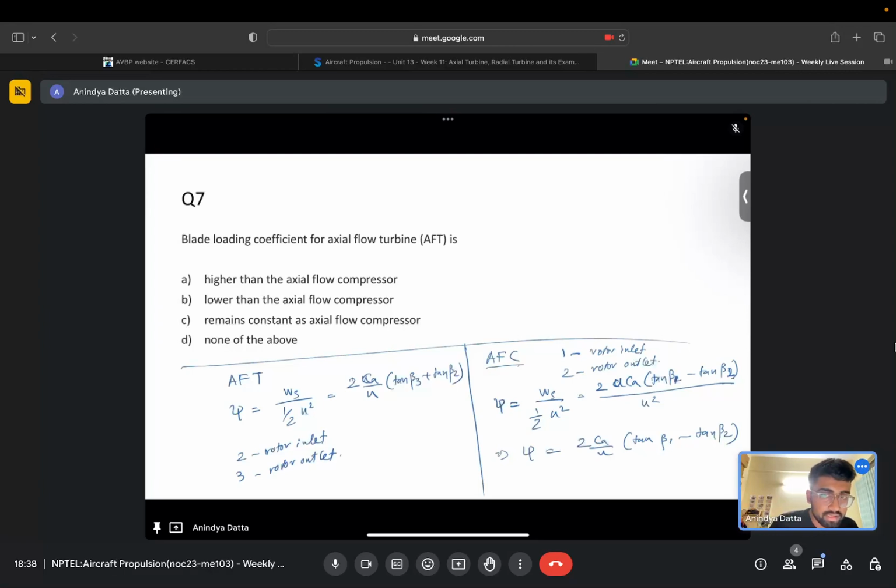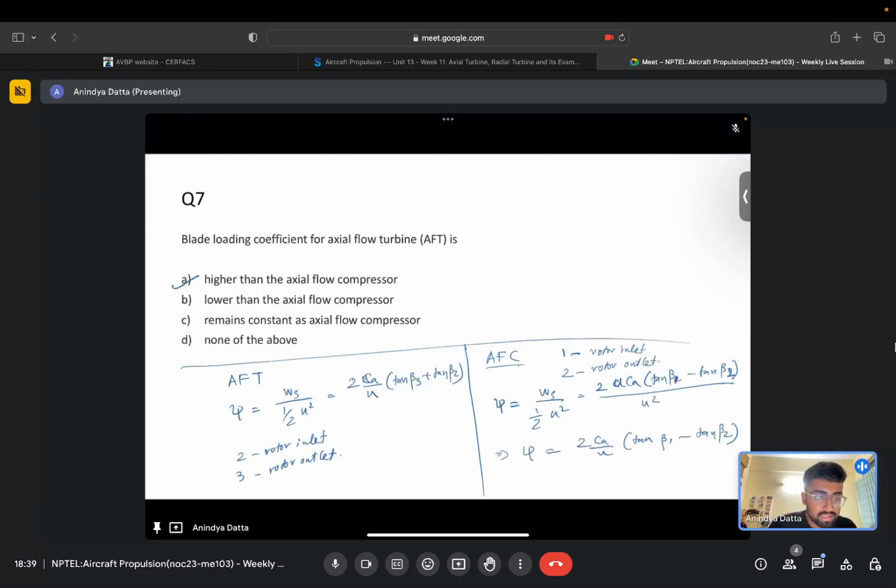while in the case of the blade loading coefficient for axial flow turbines we have the sum of two tangents. So from that we can say that the blade loading coefficient for axial flow turbines will be higher than that of axial flow compressors. Is this clear? It's just by looking mathematically at the two expressions.